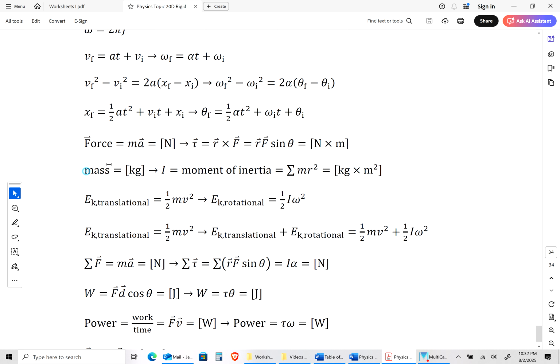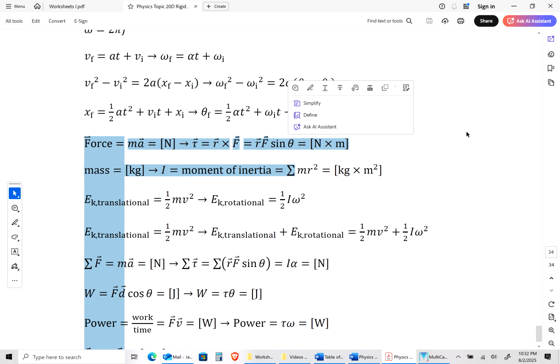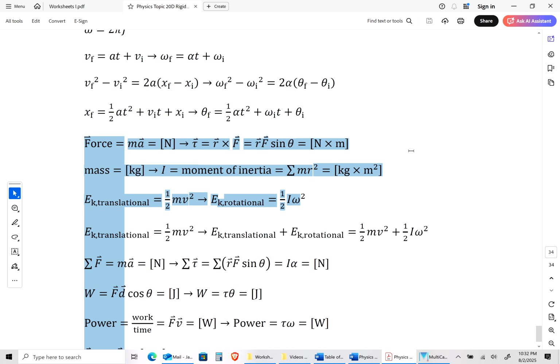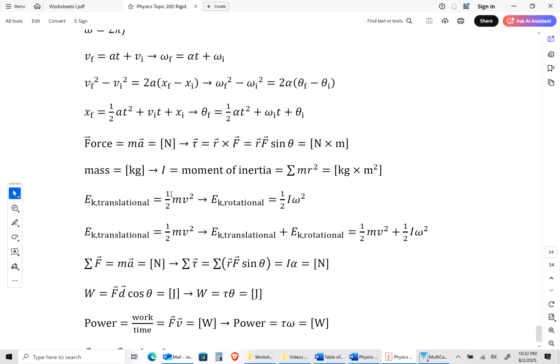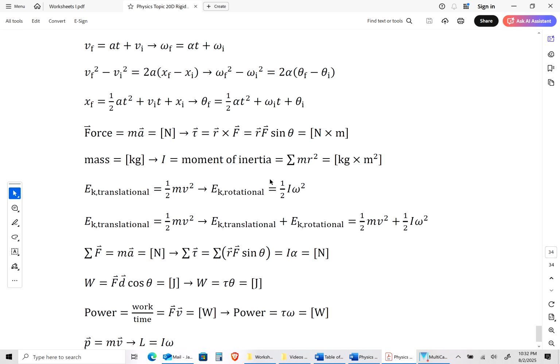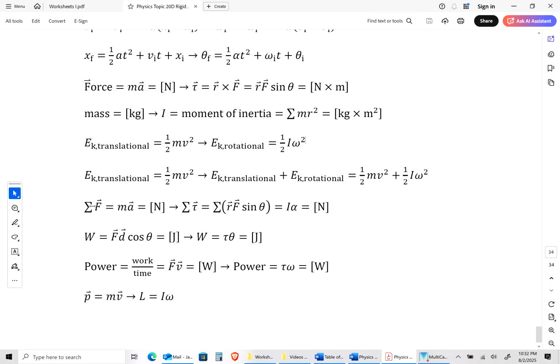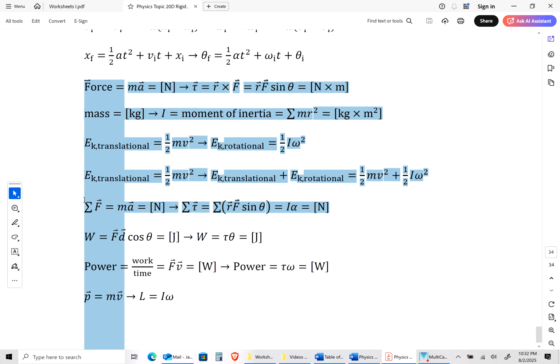Mass becomes moment of inertia. Kinetic energy translational becomes kinetic energy rotational. 1/2 mv squared becomes 1/2 I omega squared. Here we go. F equals ma becomes torque equals I alpha. That's correct.